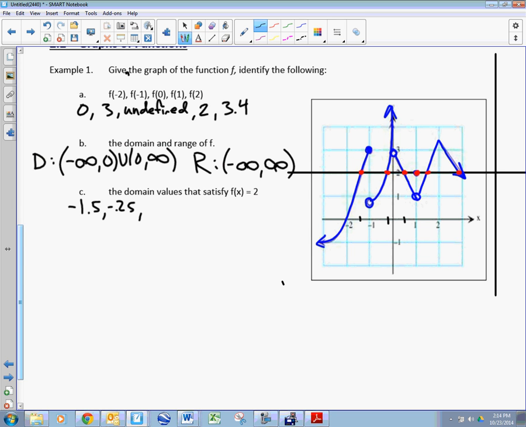Very good, 1/2. That one. 1.5. 3. 6 spots.